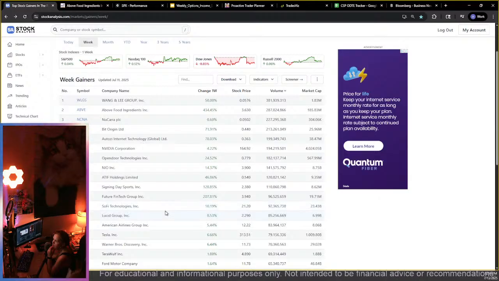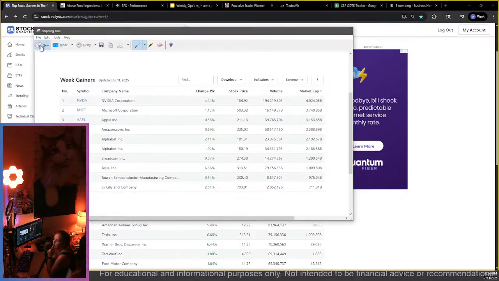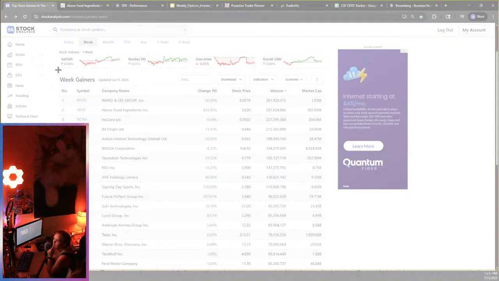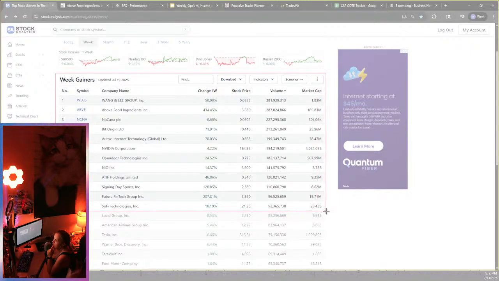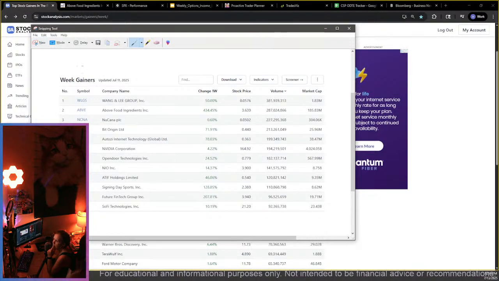SoFi's down here too. Yeah, SoFi's had kind of a run. I don't know, maybe that money is for things like SoFi that go on a run, or those day trading or weekly swing trade kind of ideas.